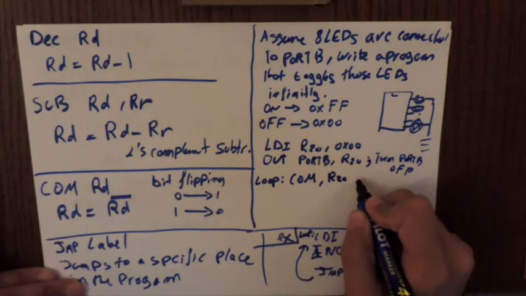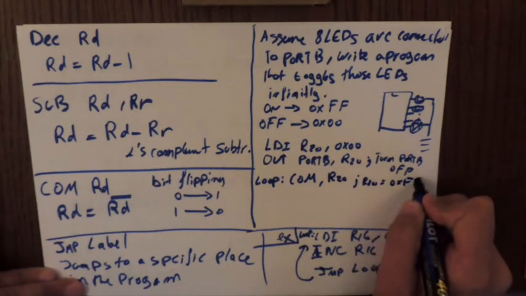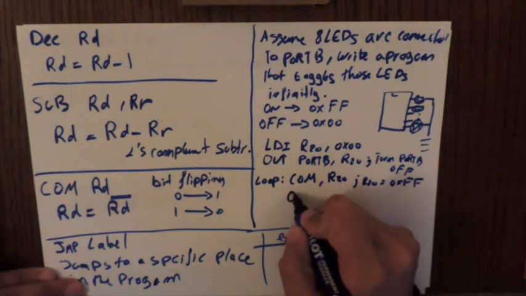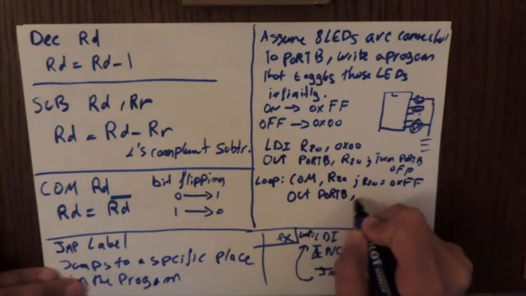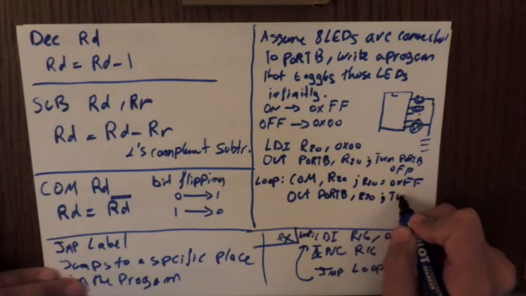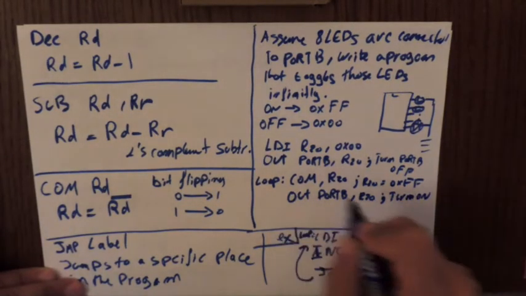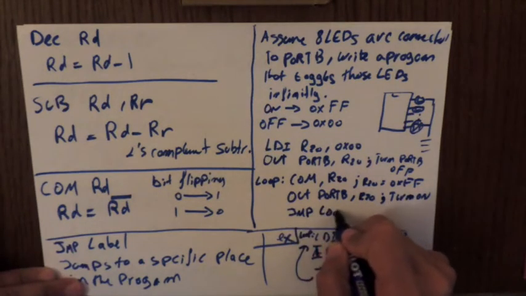So now R20 has 0xFF, all on. Now I need to place them on the port. Out port B, comma R20, here turn on, and then I'm gonna do it over and over again, jump loop.